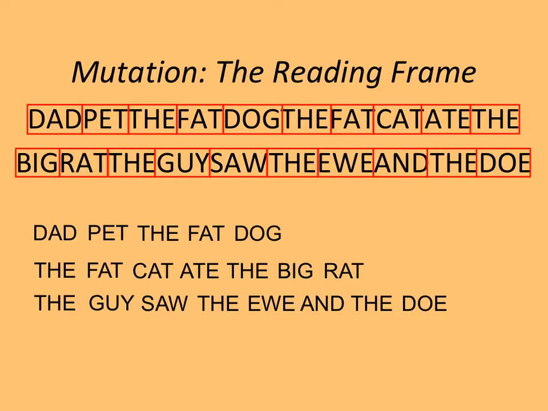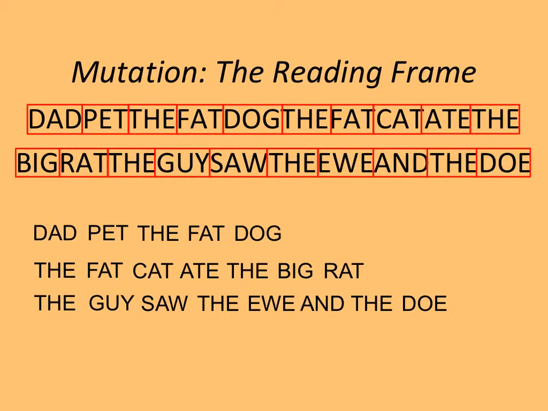But it takes 3 nucleotides in a row to code for what's called an amino acid. And there are 20 different amino acids that we have. And amino acids make up proteins. So DNA, all it's doing is you're just transcribing it from DNA into a protein.